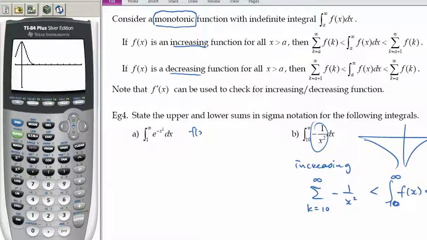So in this case, if I have f of x equals e to the negative x squared, differentiating this function using chain rule will give us negative 2x as well. And for x bigger than 1, this will give us a positive value. It just gives us something that is small, but definitely positive.